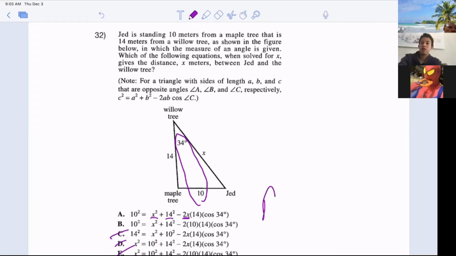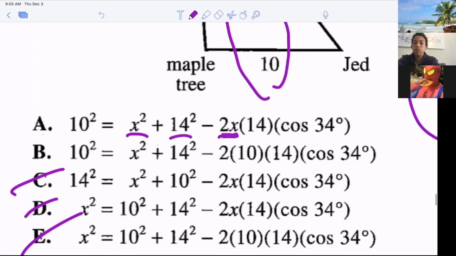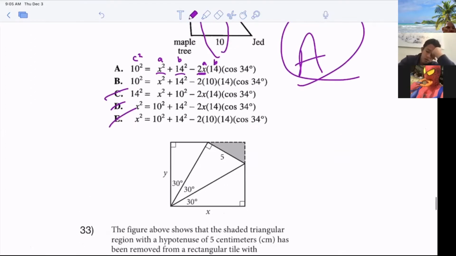It is definitely A. Yeah. This is C squared. This is A. This is B. This is A and this is B. That's the formula, right? They threw you off because they put the variable in one of the missing sides, not the opposite side.